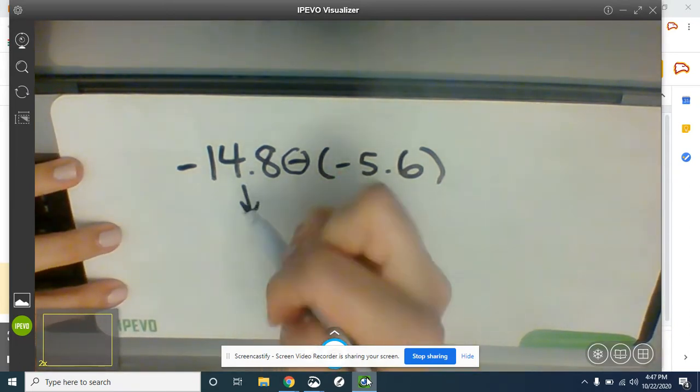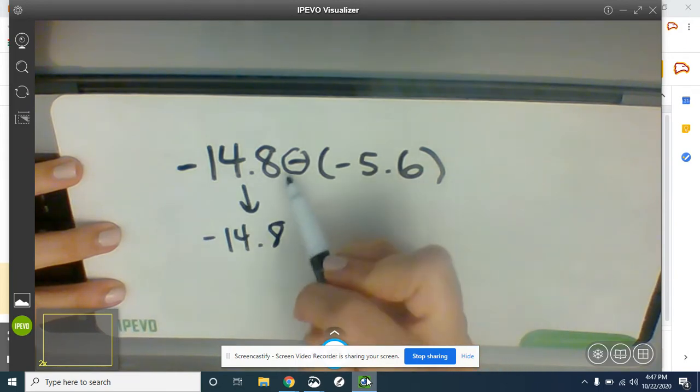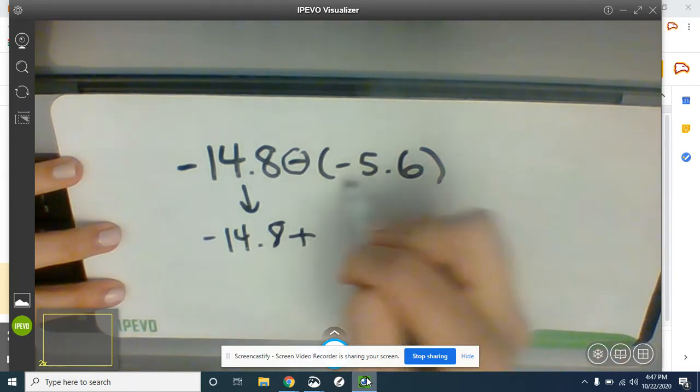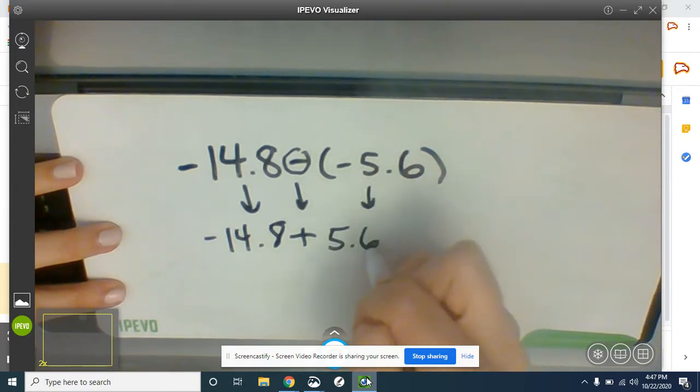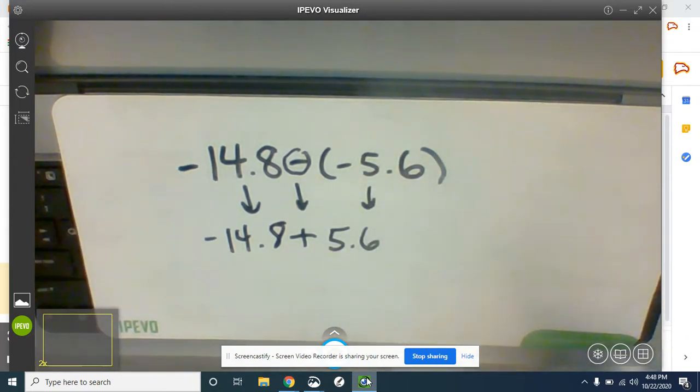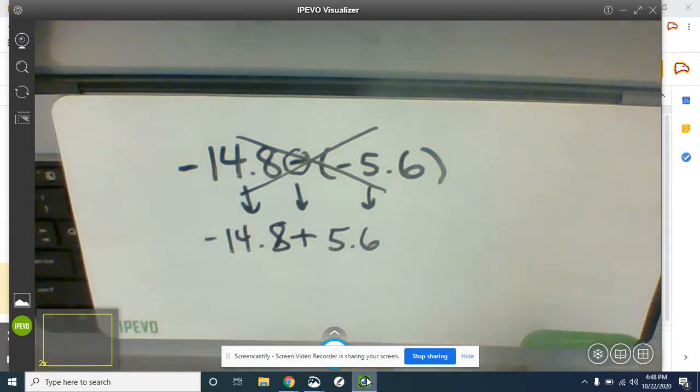So we're going to keep the first term, the first integer, and we're going to change our minus to plus, and we're going to take the opposite of the second number. So that would be a positive 5.6. So at this point, you can really just say, who cares what it used to be? This is my new problem. Forget that it had ever been subtraction, it's addition, which should make it easier because now this is just like the last quiz you took, stuff that we've been doing for the last few weeks.